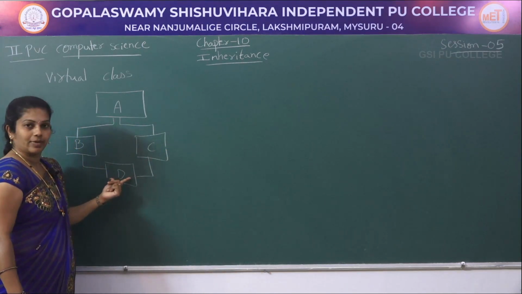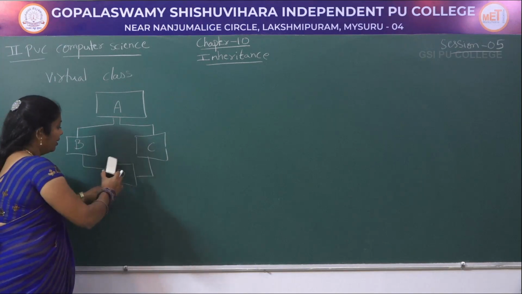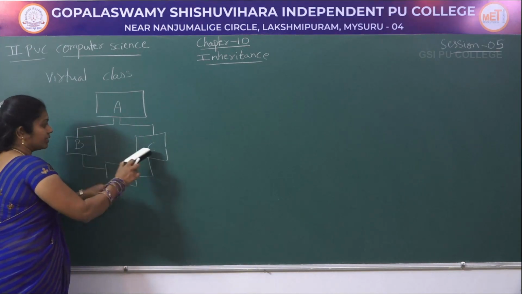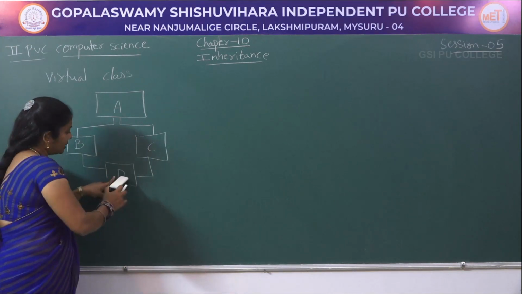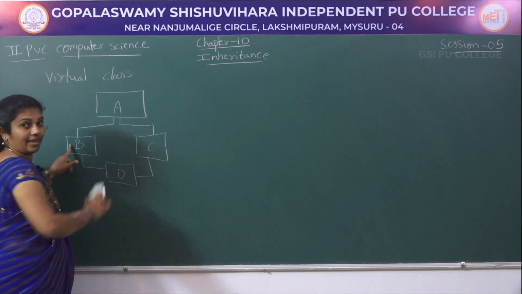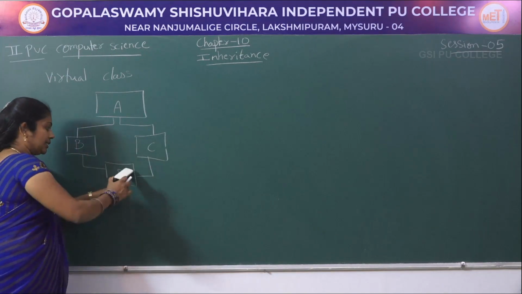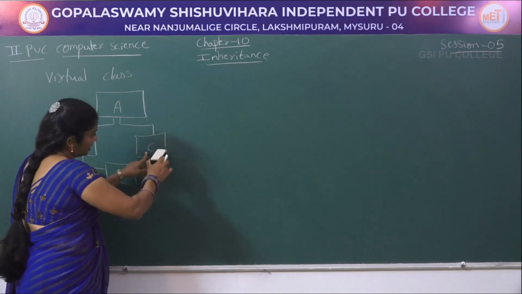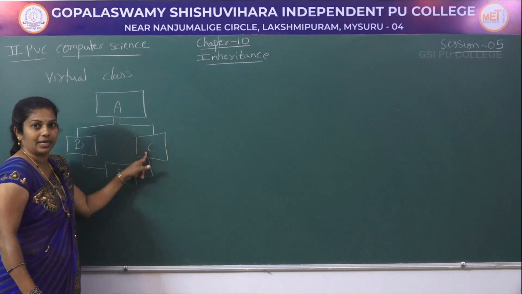Next, one more derived class we are creating, that is D. Here D is derived from B as well as C. This B once again has the A class properties, and this C once again has the A class properties.